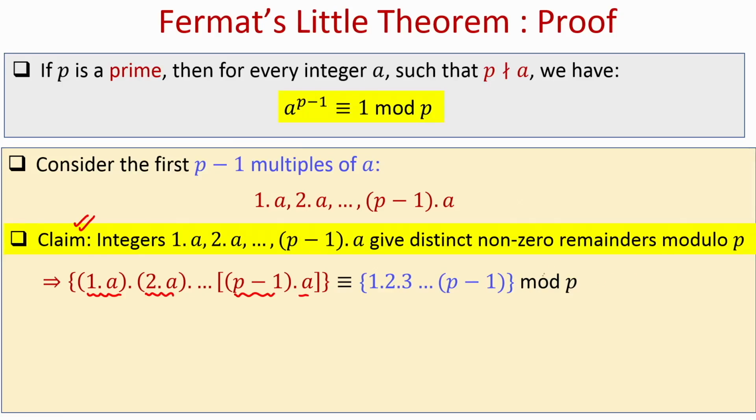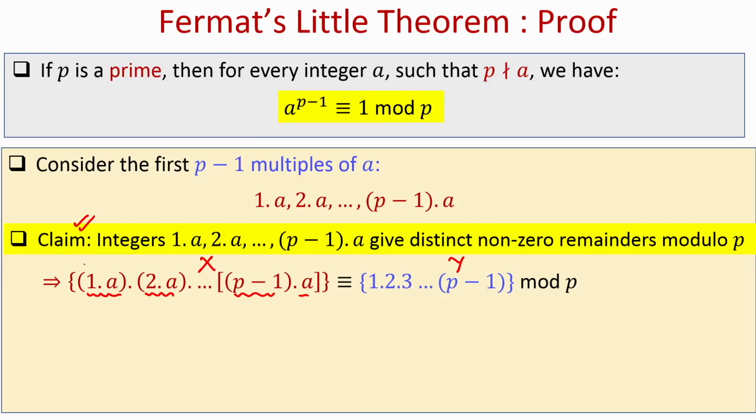If you divide that number by P, you will get the same remainder which you will obtain if you multiply the numbers 1, 2, 3 up to P minus 1 and then divide the resultant value by P. That means, call the value on your left hand side as x, call the value on your right hand side as y. I am saying here that x will be congruent to y, okay.